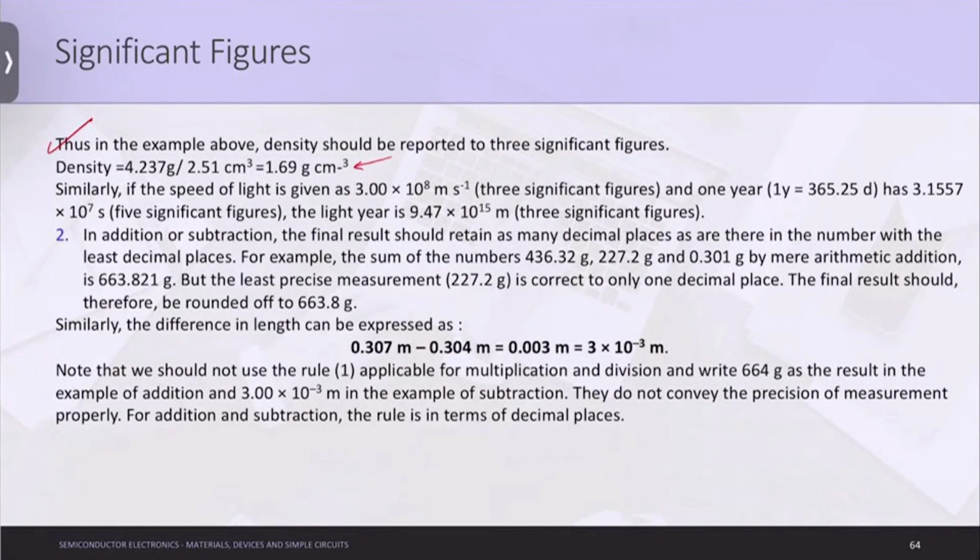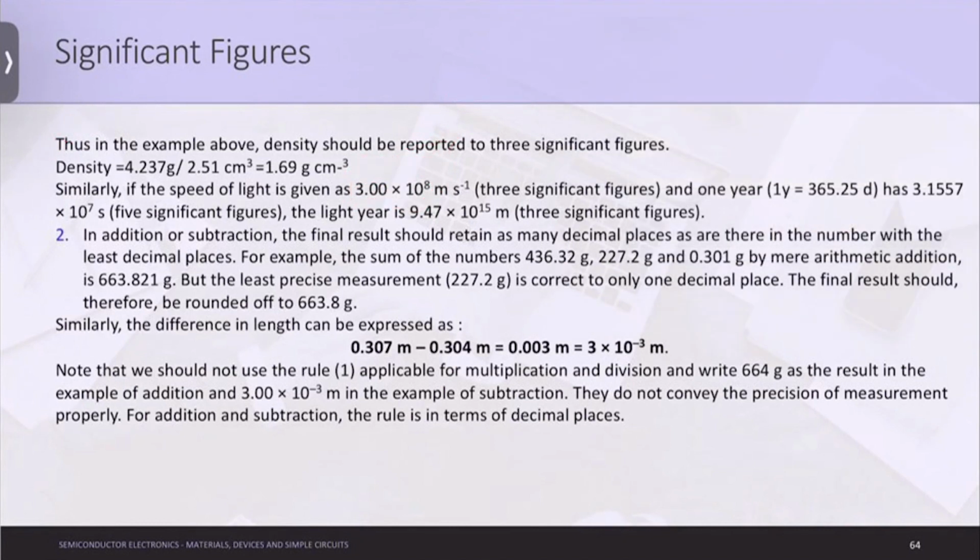Moving on, similarly, if the speed of light is given as 3.00 × 10 to the power 8 meter per second, as you can see, the 10 to the power 8 is of no use in significant digits. Only 3.00 counts, which means the trailing zeros are also significant, hence the number of significant digits will be 1, 2, 3.